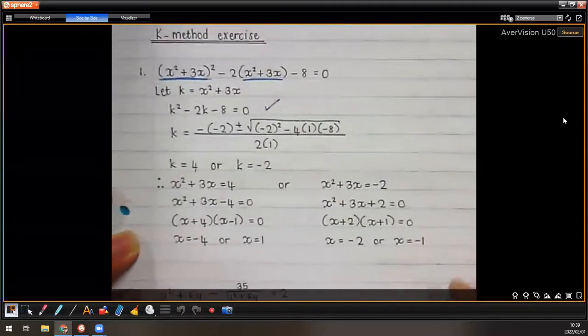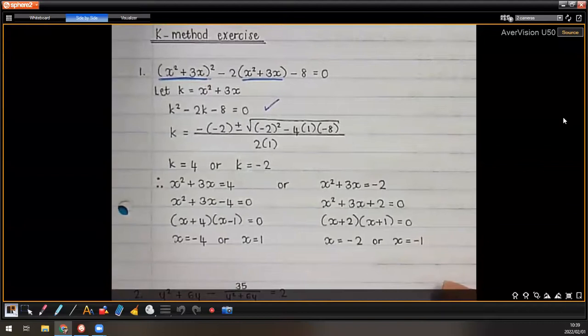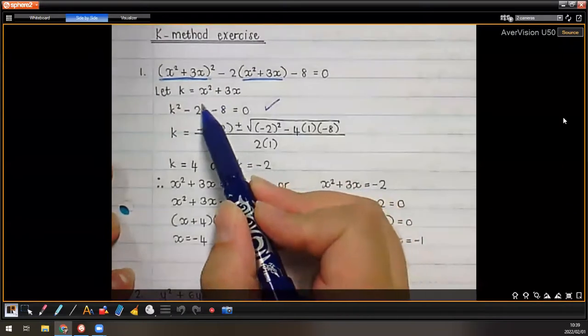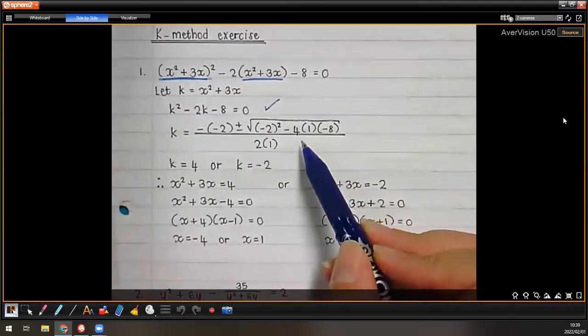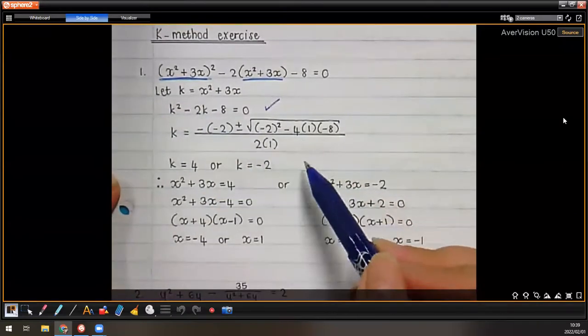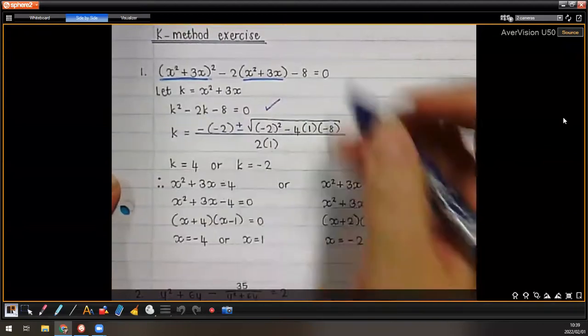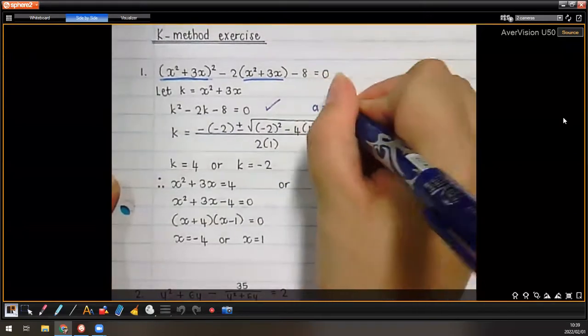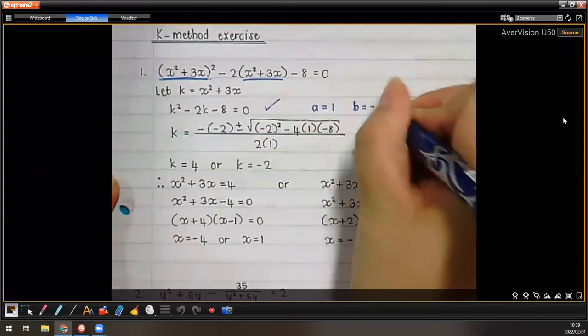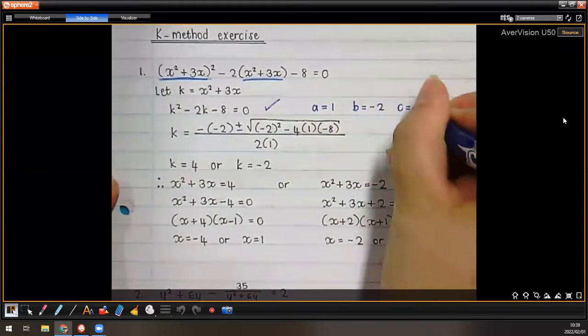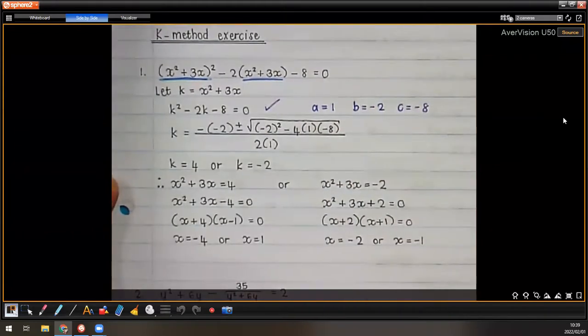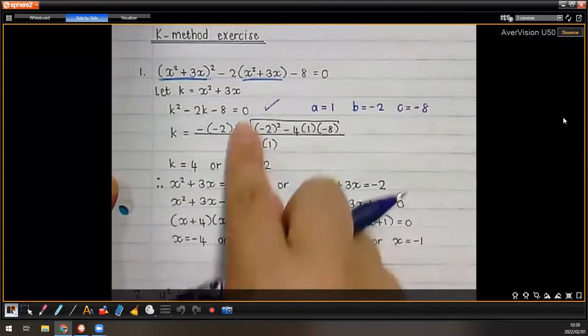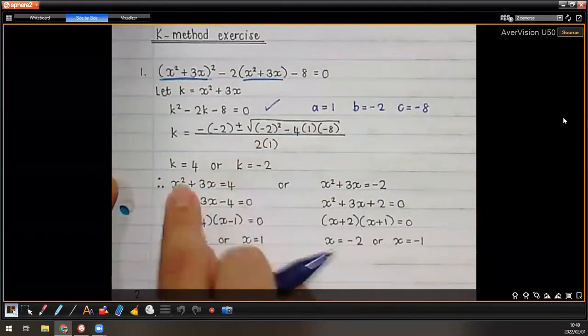If you wanted to factorize, and you'll see a bit further down, I did actually start factorizing, just to remind you that you can do that if you are able to factorize a trinomial. But you can also always just use the quadratic formula. It's completely up to you, whichever method you prefer. So if we use the quadratic formula here, a is 1, b is -2, and c is -8. You would sub in those values and get the answers for k.